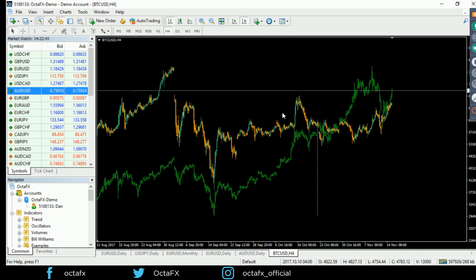So again, if you were looking to employ the arbitrage strategy, you would be possibly buying Bitcoin and selling Ethereum when they have an abnormal divergence, with the expectation that they're going to come together again, and you could get out of your long position here and short position here.